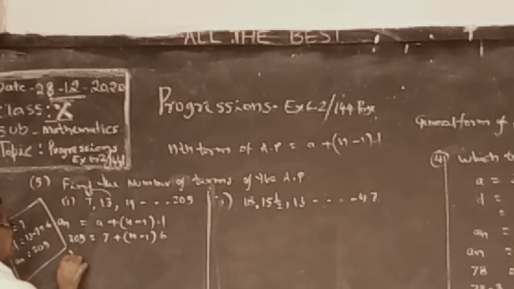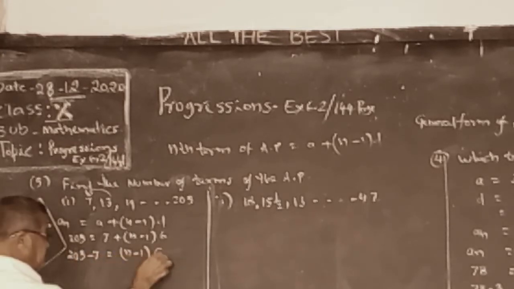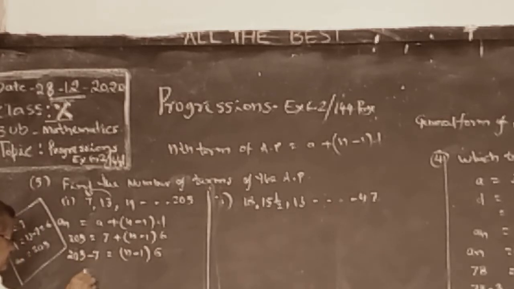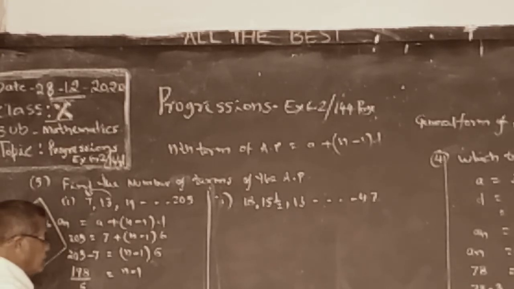Plus 7 will come this side as minus 7: 205 minus 7 is equal to (n minus 1) times 6. That is 198. Divided by 6 is equal to n minus 1. 6 threes are 18, so 33 is equal to n minus 1. Minus 1 will come this side as plus, so n is equal to 34.